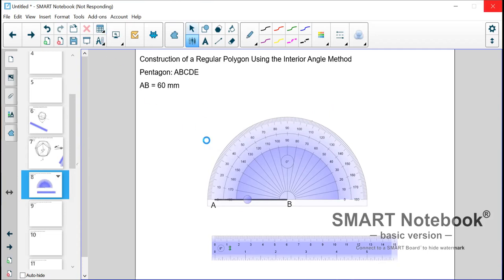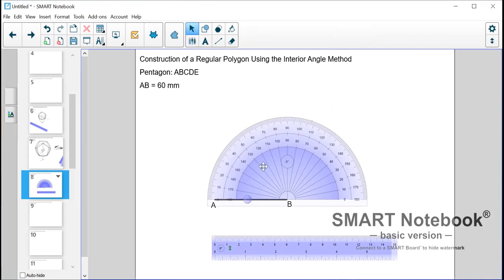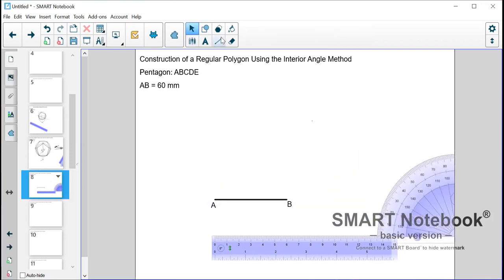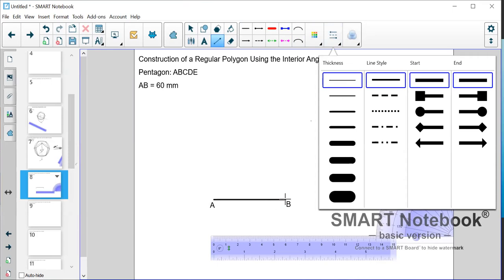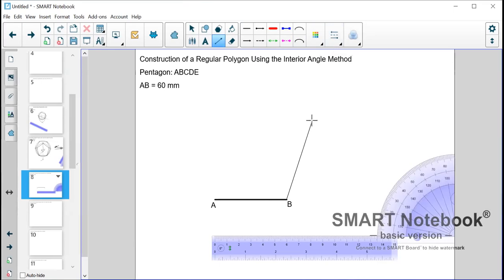All I would need to do next is to draw a line to represent that particular angle that we just found. So I'll draw a line from B to that point, and that will give us 108 degrees.